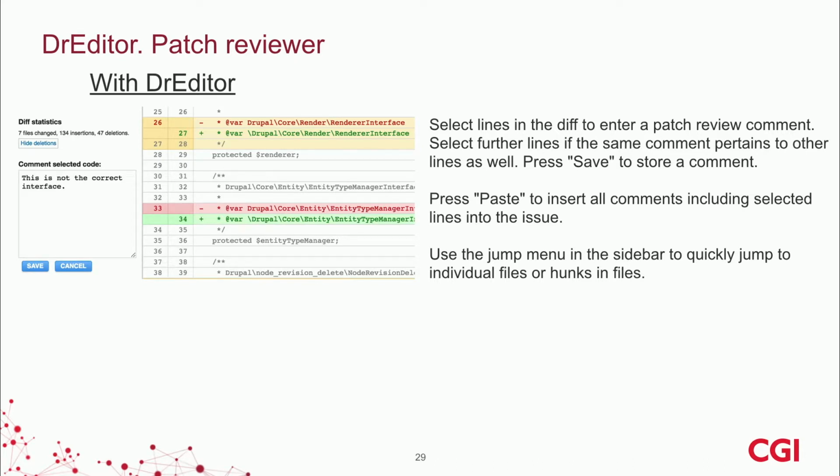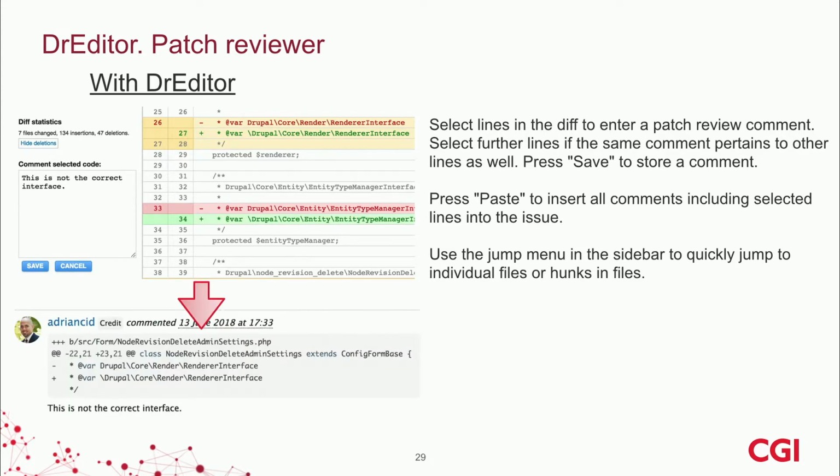There is another functionality. You can select one, two, or many lines in the patch, and you will see a text field like this, where you can write some comments about the patch lines. And then, if you save and continue in the issue queue, you will see the message here.